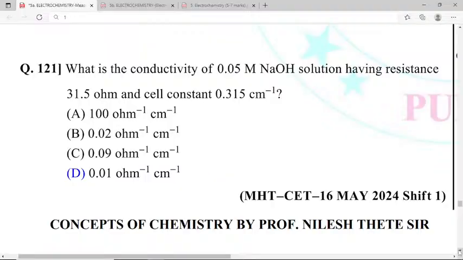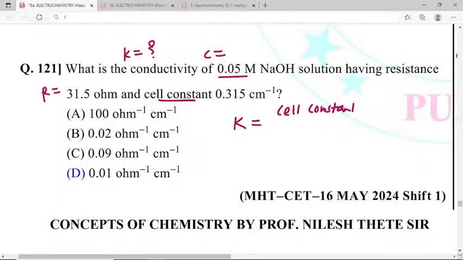What is the conductivity of 0.05? Concentration is given, resistance is also given, cell constant is given. Conductivity K we have to calculate. So conductivity K is equal to cell constant divided by resistance.